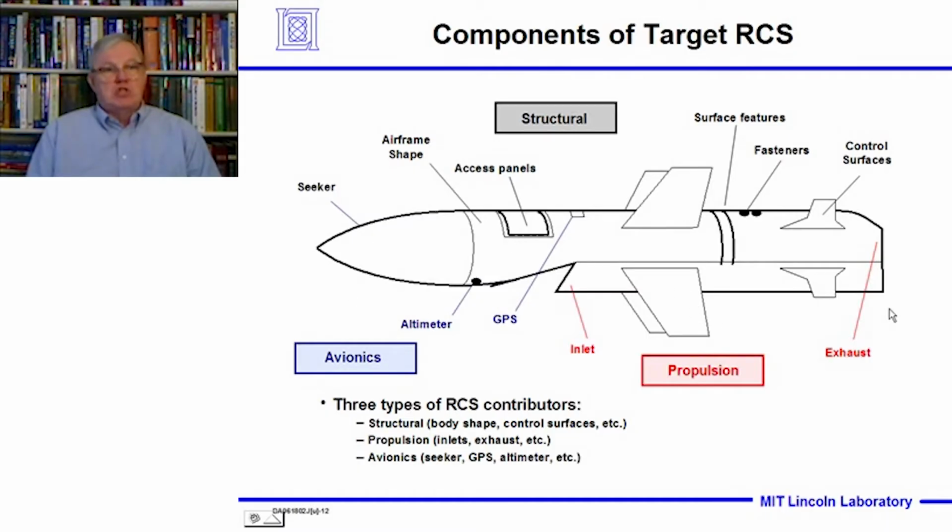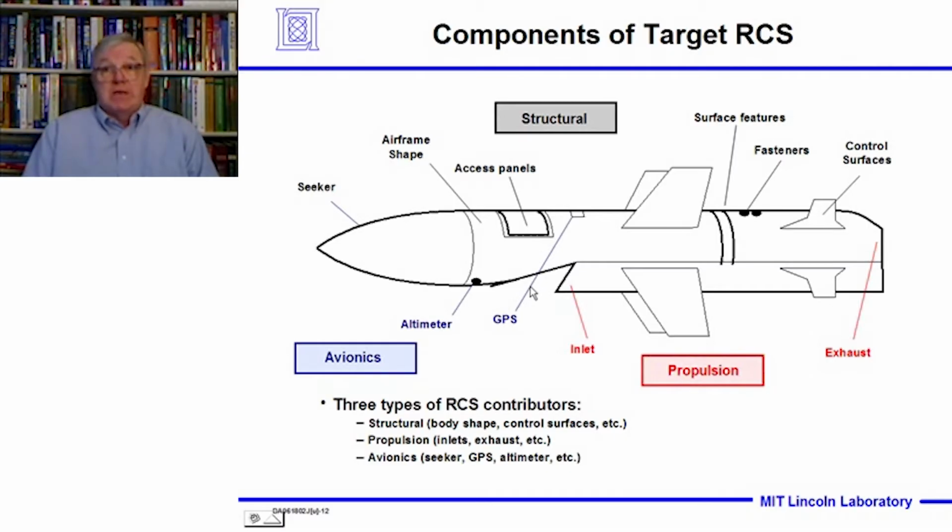It's got its body shape. It could have a blunt nose, a round nose, a tipped nose. It could have a circular or a triangular cylindrical shape. It could be square. There are control surfaces like the elevators on the backs of wings.